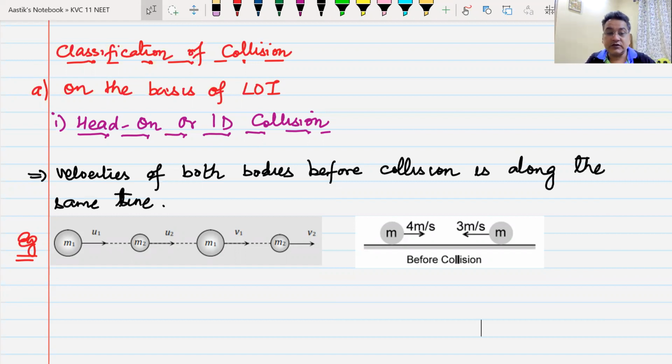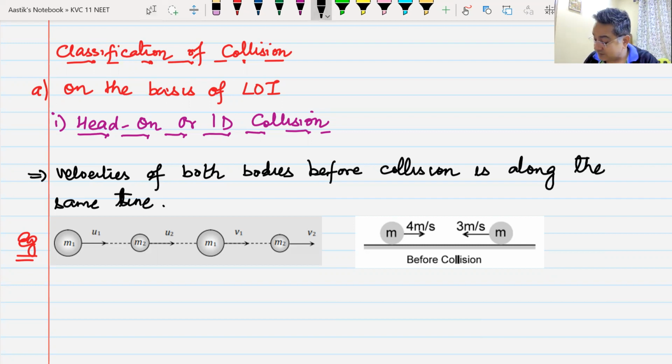So this collision is known as head-on collision or 1D collision.